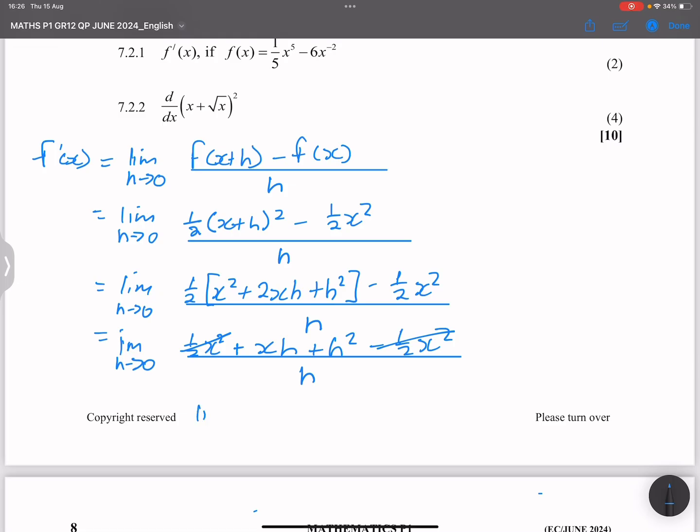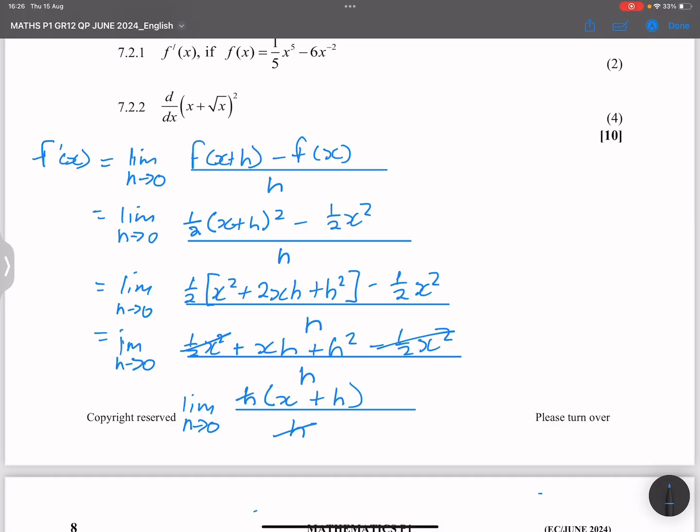and now we can take out h as a common factor at the numerator. So we've got h into x plus h divided by h, right? So limit as h tends to 0, so that cancels with that. And now we can drop the limit because we're going to substitute h equal to 0.